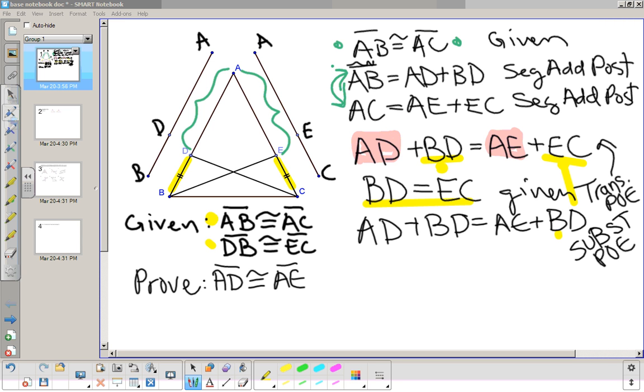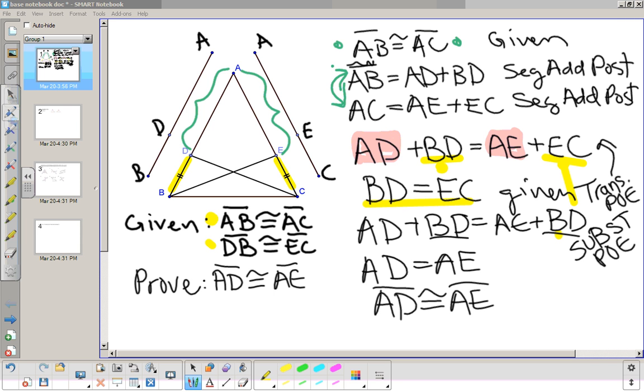Now I can use subtraction. I can subtract BD from both sides. So AD equals segment AE. And technically, if I were the book, I'd be going AD is congruent to AE. So if that was our goal, I forgot to do some things, so subtraction property of equality.